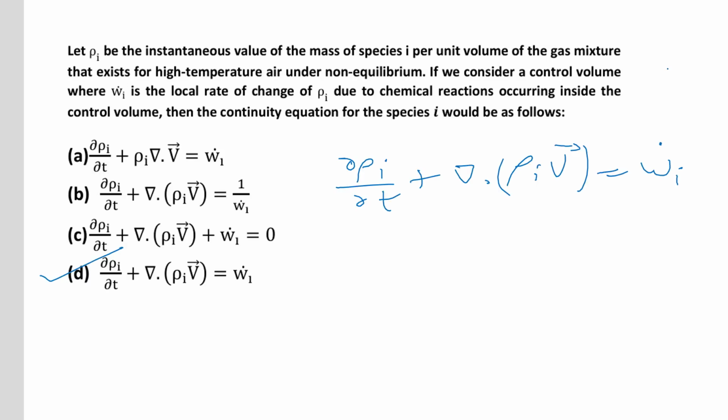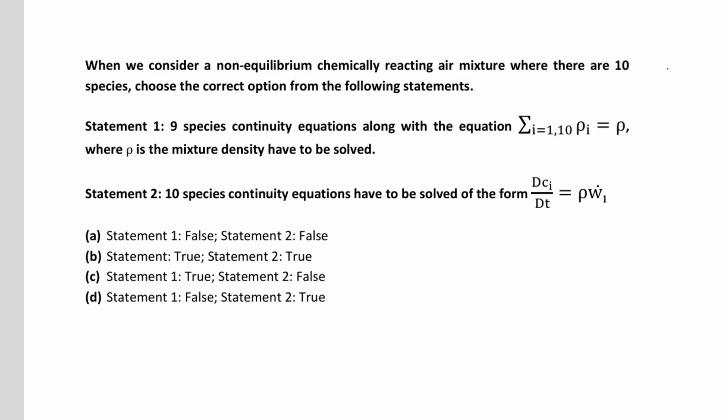Now we'll see the next problem. When we consider a non-equilibrium chemical reacting air mixture where there are 10 species, choose the correct option for the following statements.